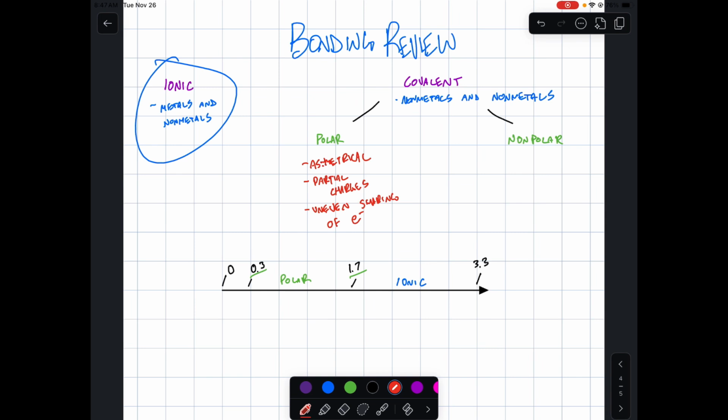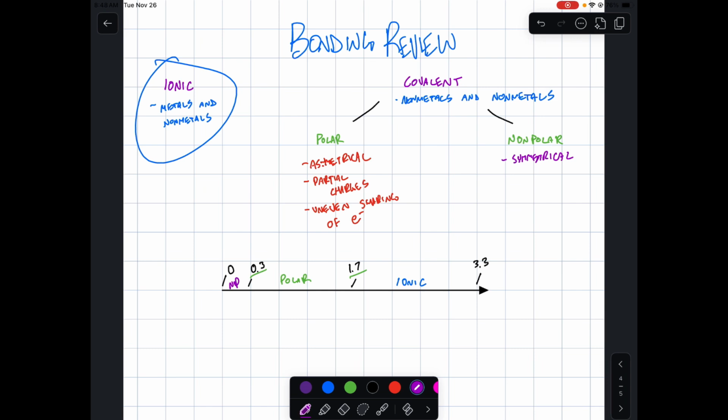And our nonpolar covalent compound is going to be symmetrical. And that's going to fall in between, we're going to put an NP right here. That's going to fall in between 0 and 0.3.